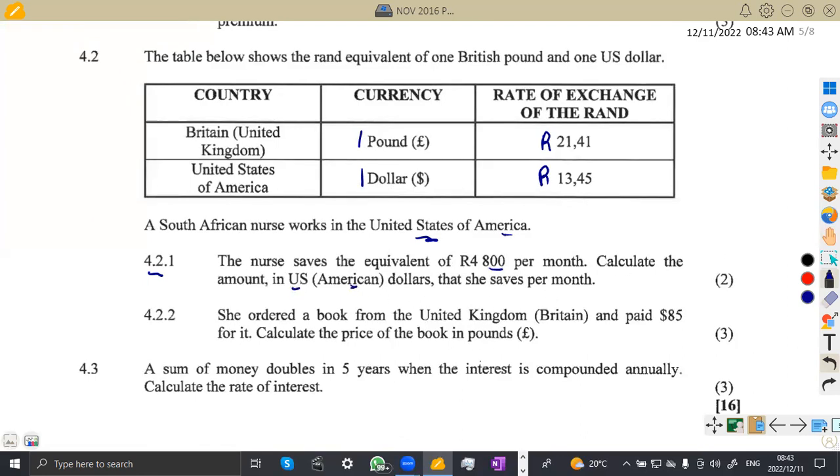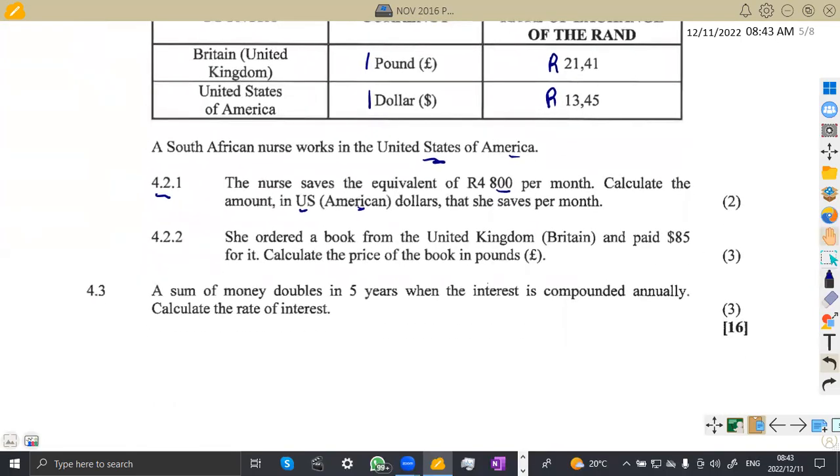All right, so what you simply do is go to the proportion that you are given. So this is actually a simple proportion that you have. For the US dollar, we are given that each dollar is equivalent to 13.45 rand. But she is saving 4,800.